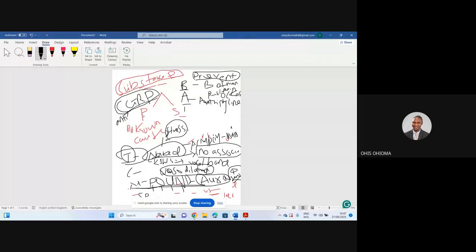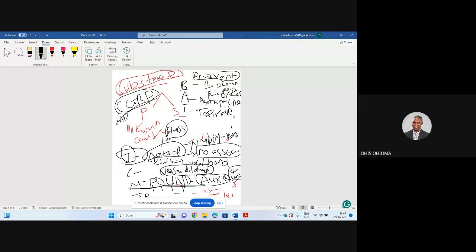These antibodies you can also use as the second A, anti-CGRP. The last T is topiramate, which is an anticonvulsant. So anytime you want to remember how to prevent migraine headaches, you should remember the BAT basically.